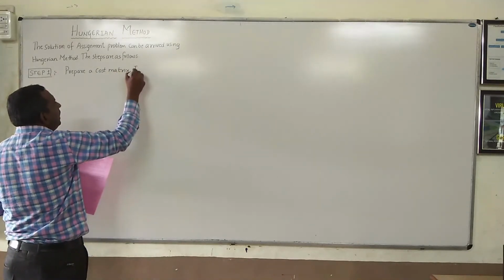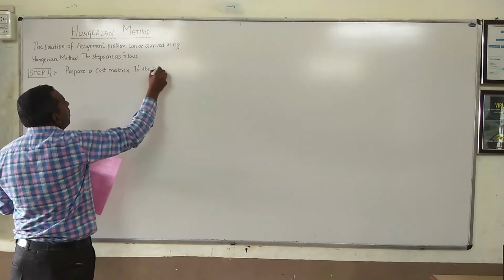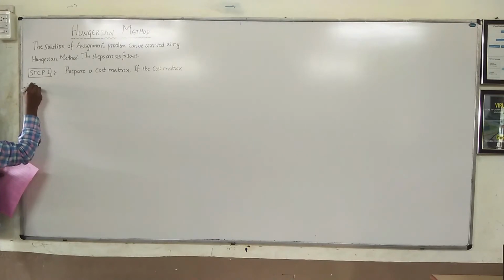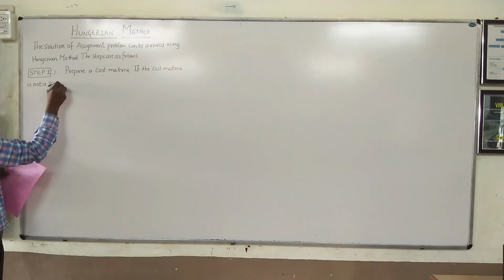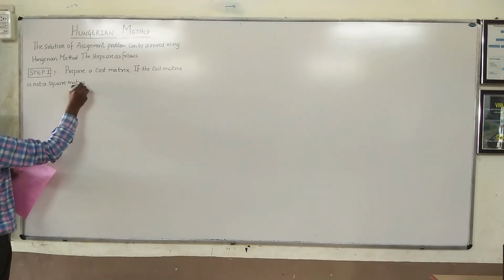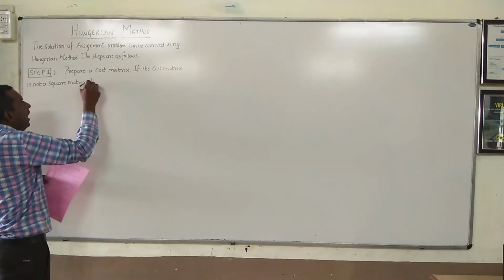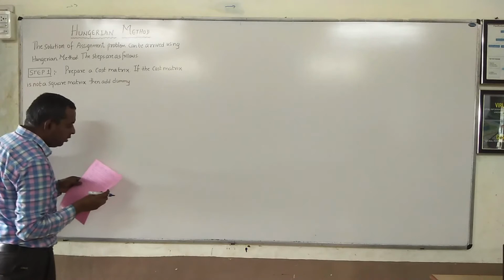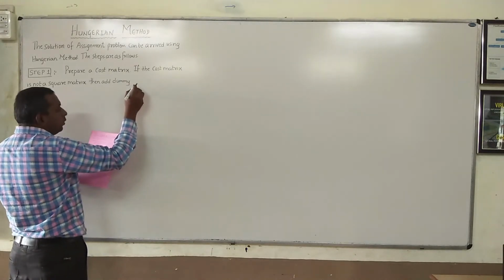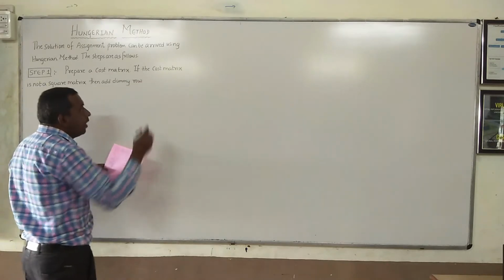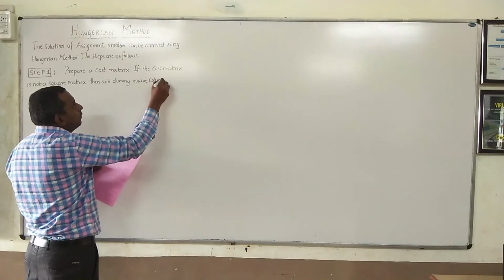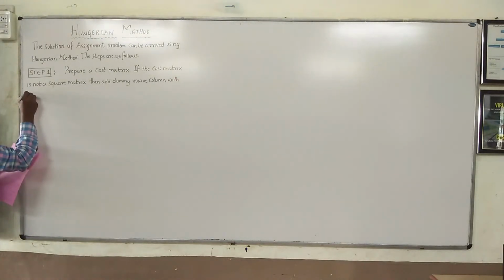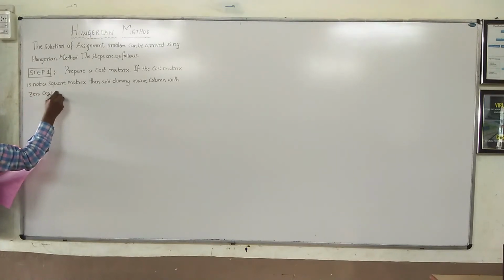If the cost matrix is not a square matrix, then add dummy row or column with 0 cost element.